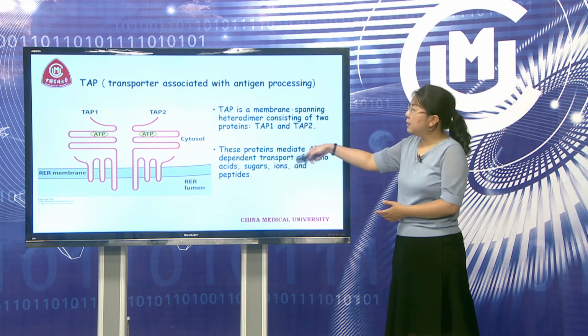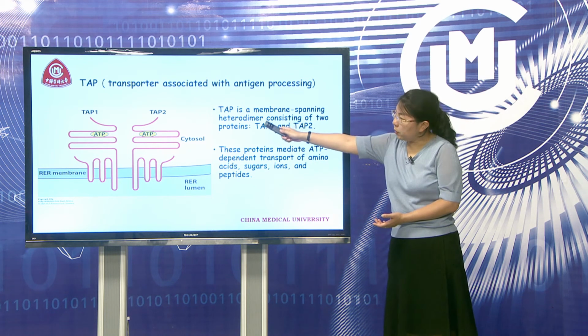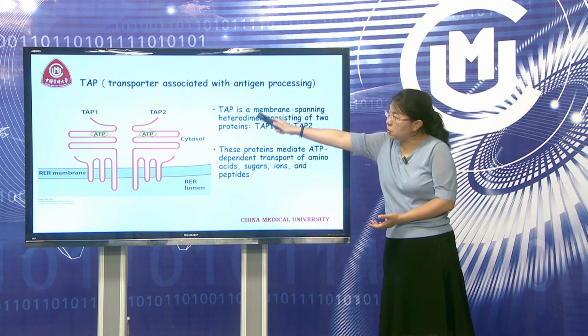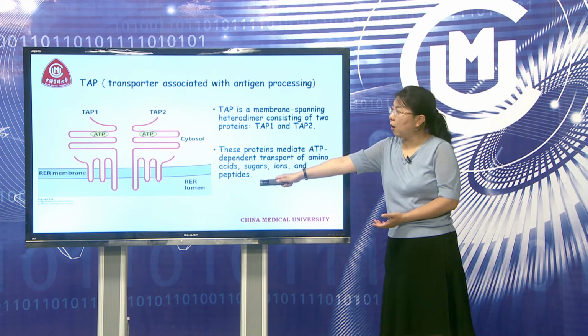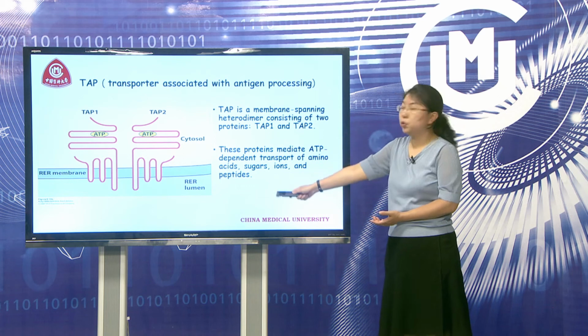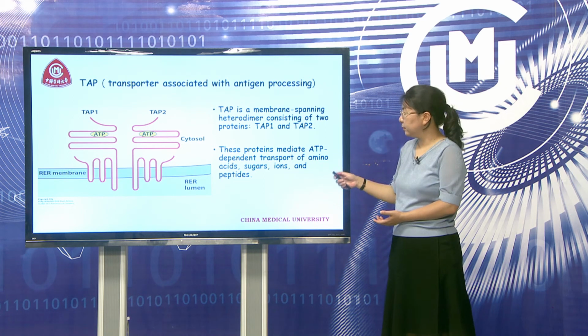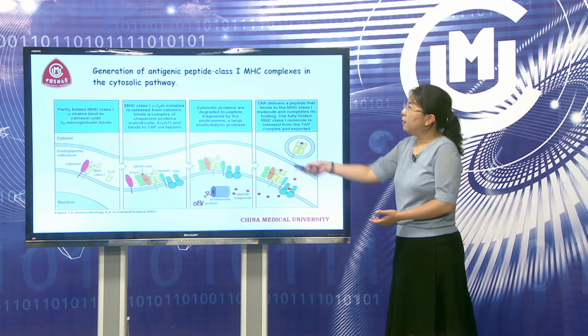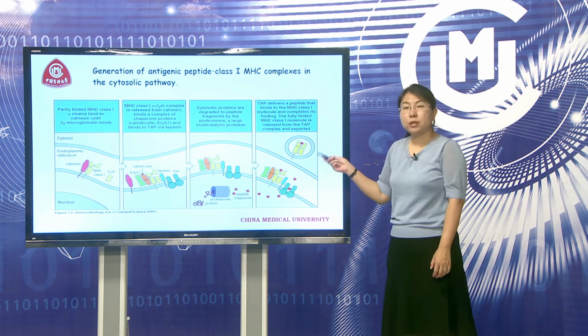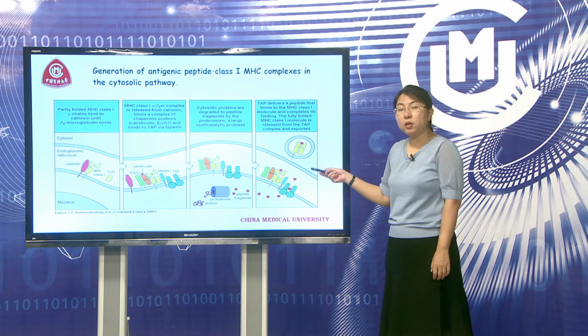So this is TAP, the door through which the endogenous antigen passes from the cytosol to the RER. This is the cytosolic pathway for endogenous antigen.